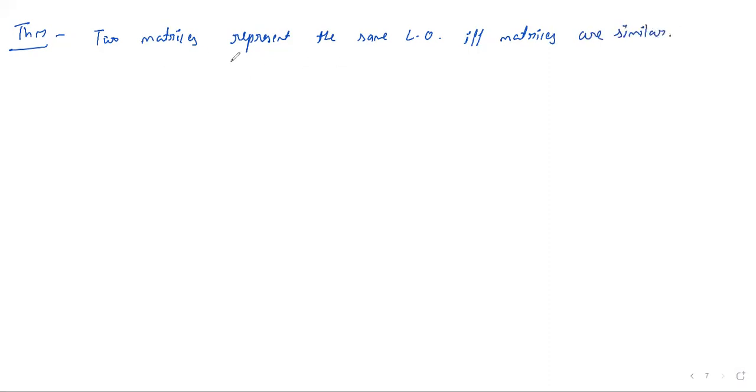So two matrices would represent the same linear operator if these matrices are similar, because all the matrix representations of a linear operator T form an equivalence class of similar matrices.